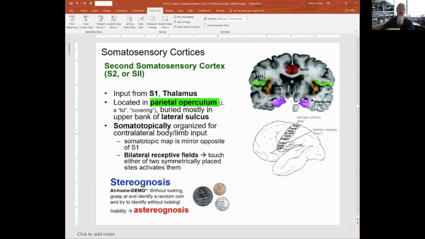I'm going to put this one right here in my hand, and without looking, by tactile feel, what is that coin? Is that a nickel? No. Is that a silver dollar? No, I don't think so. Quarter. I can figure out what that is. And that's using stereognosis, where you are grasping the coin, palpating it, putting together what is that three-dimensional object. And with lesions that take out S2, you can lead to astereognosis, or that inability to identify what this object is based on sense of touch.